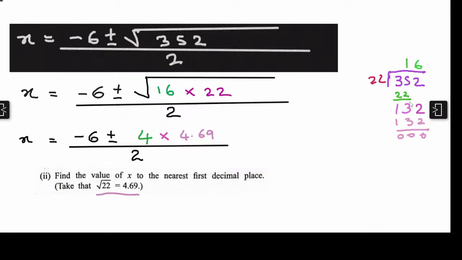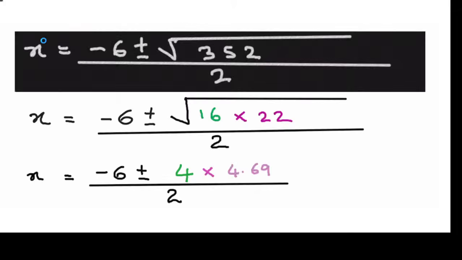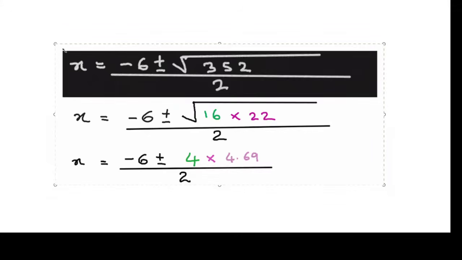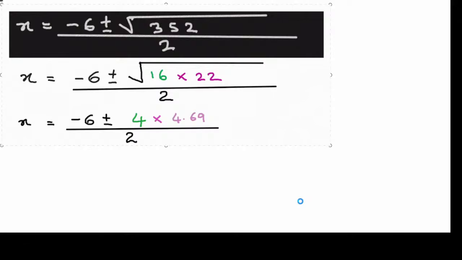Then what do we have next? Let's multiply. So x is equal to minus 6 plus or minus, what is 4 times 4.69?